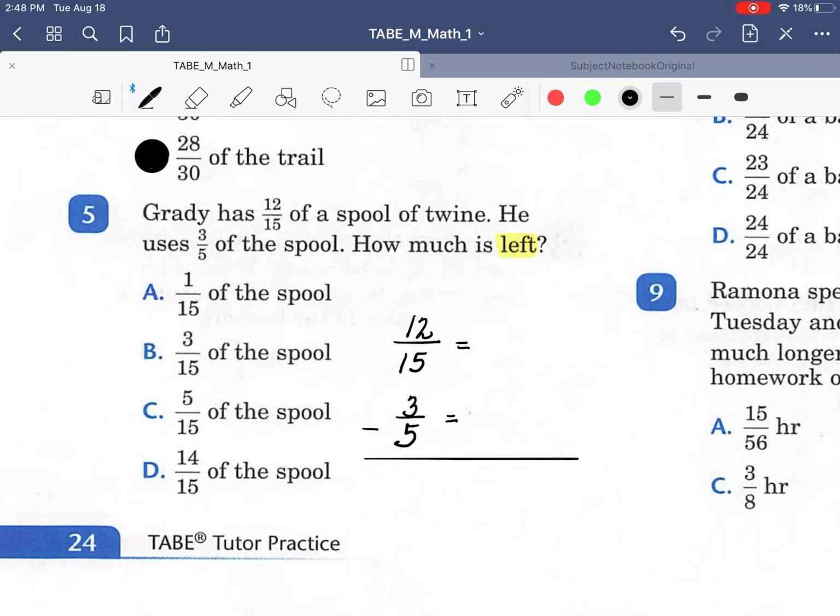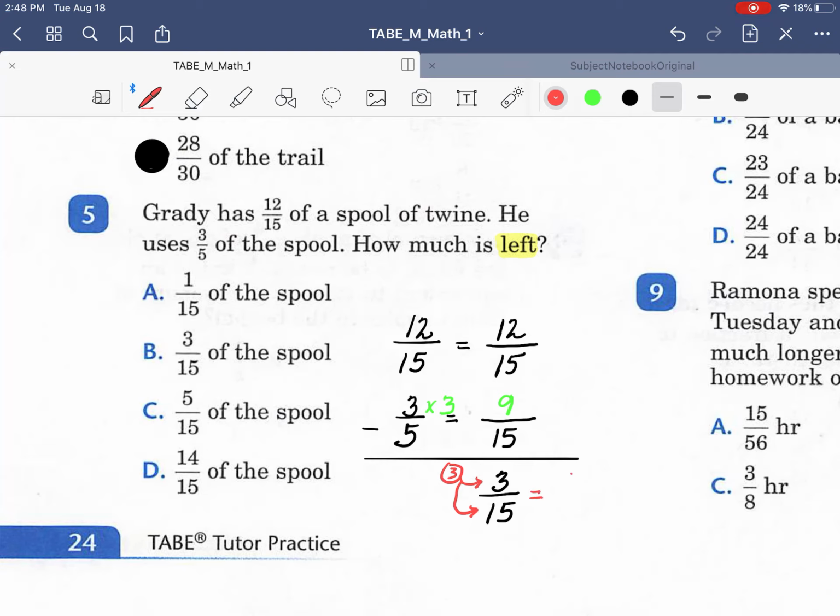Ask yourself if the 15 will work as your common denominator. Will the 5 divide into 15? And it will. So let's go ahead and use that one because that one's already 15ths. This one, I have 5 into 15 is 3. 3 3s are 9. 12 minus 9 is 3 over 15.